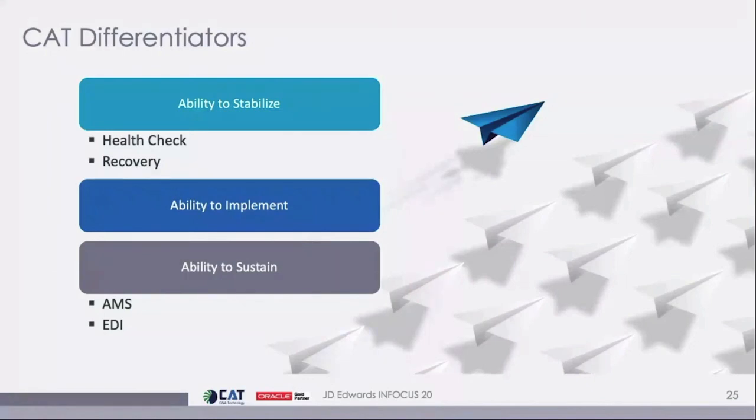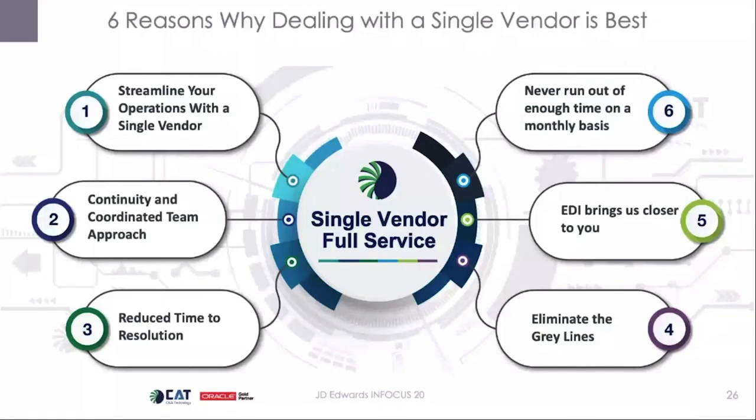If I'll use an example, if you're using EDI, there's that blurry line between, is it an EDI problem? Is it a JD Edwards problem? Well, these are all the same guys that are used to working in that managed services environment, so that resolution time is greatly reduced. We do our managed services on a monthly bucket of hours.